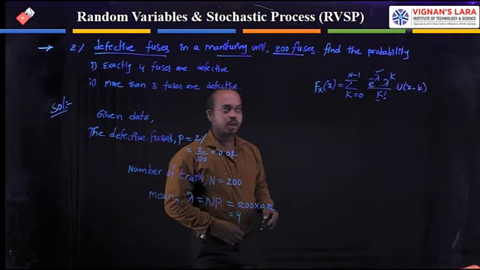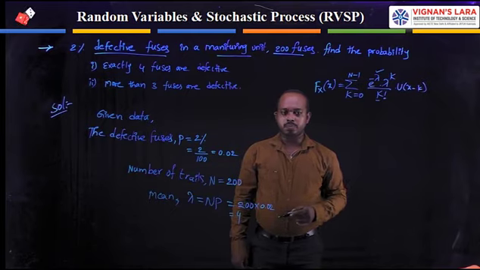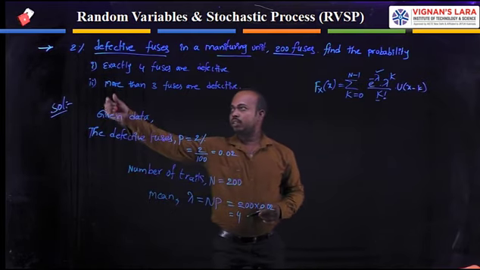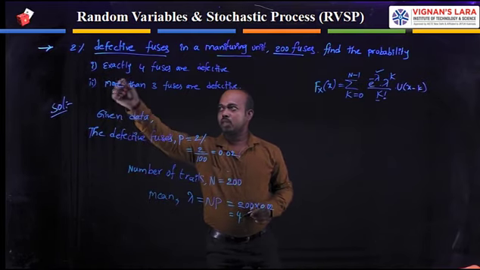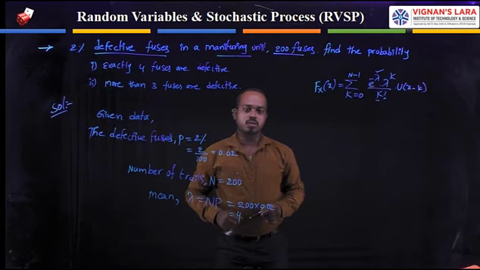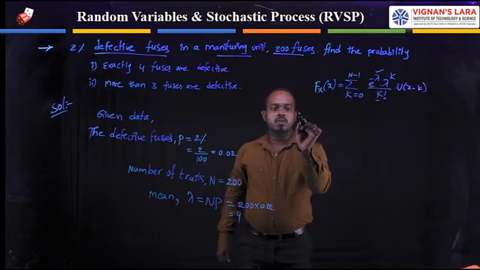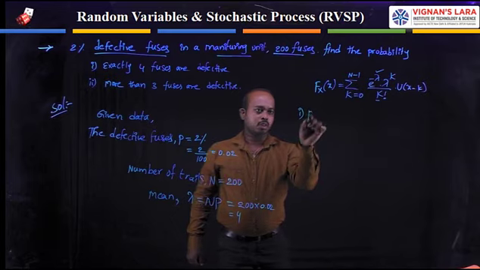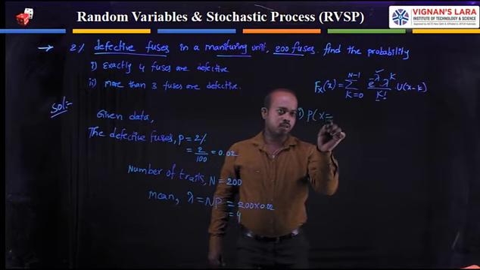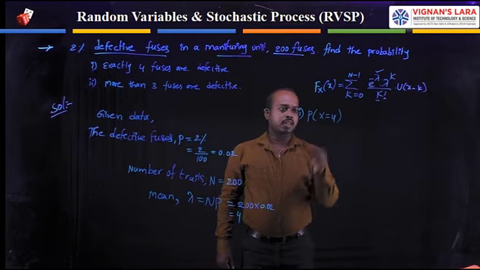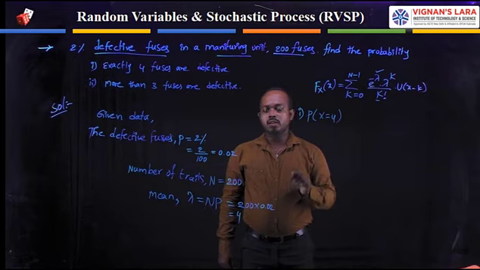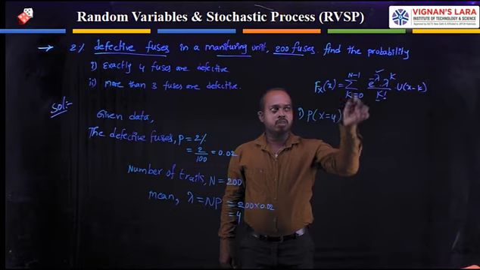Now you can find the distribution. What is he asking? Exactly 4 fuses. For this one, you write the probability of x is equal to 4. Exactly 4 means you just find the probability distribution at the value 4. You don't write any summation symbol.